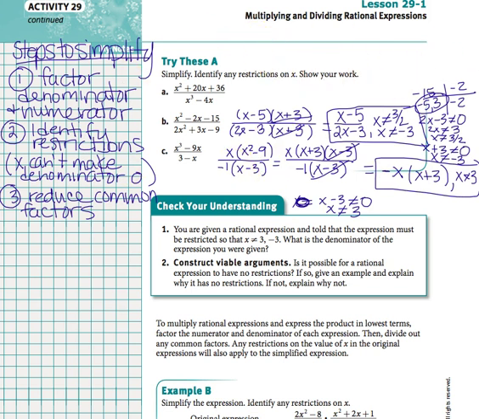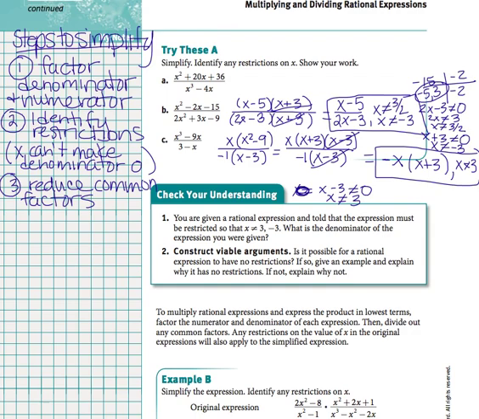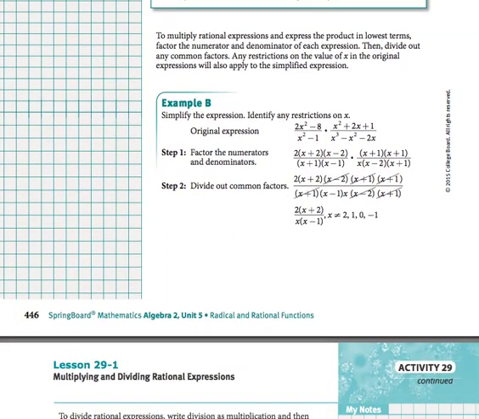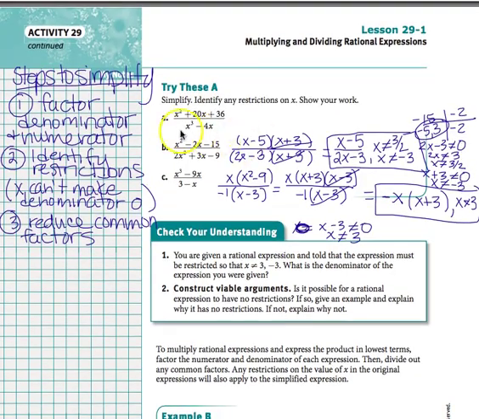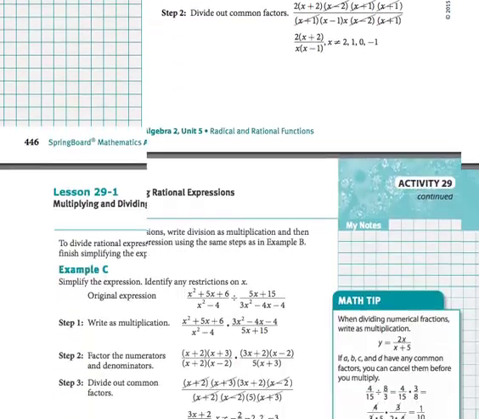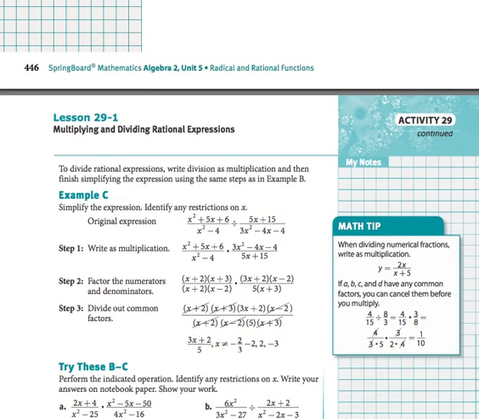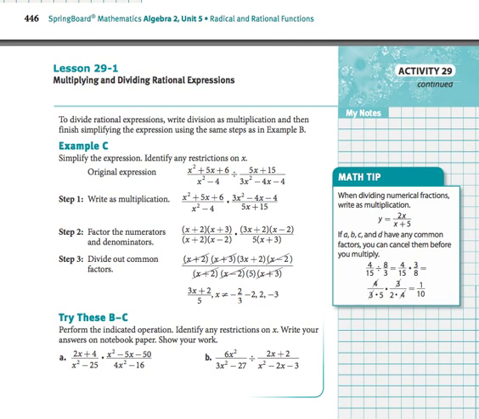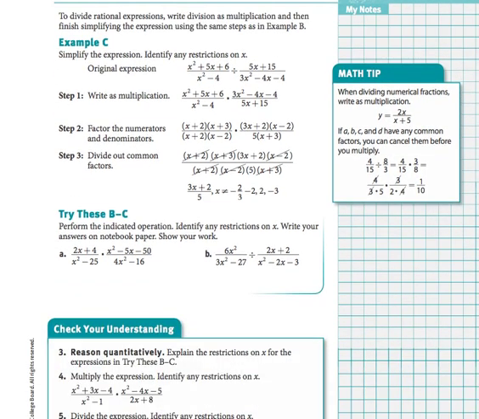Okay, hopefully that doesn't seem too tough. The next thing that we have are when it's not just a single rational expression that we're simplifying, but we have multiplication or division of two separate rational expressions.